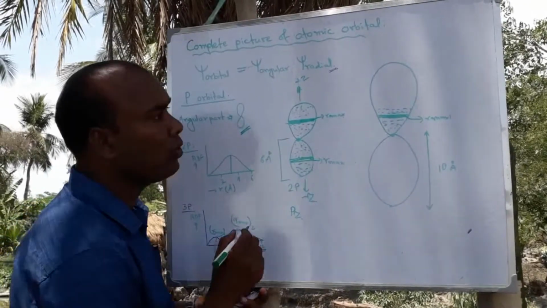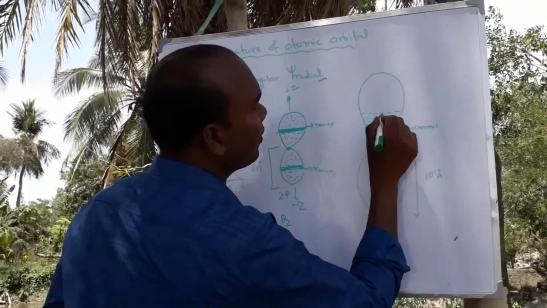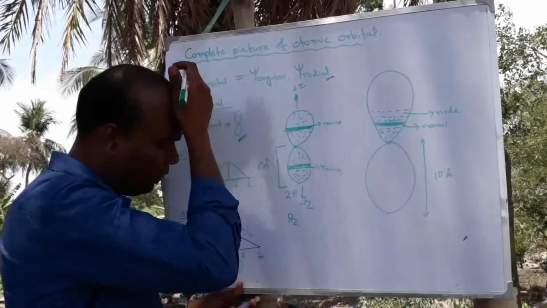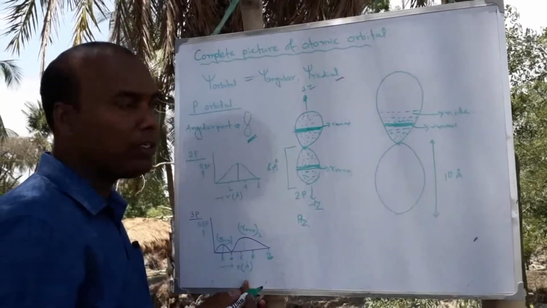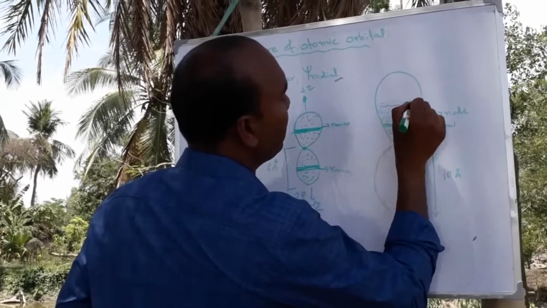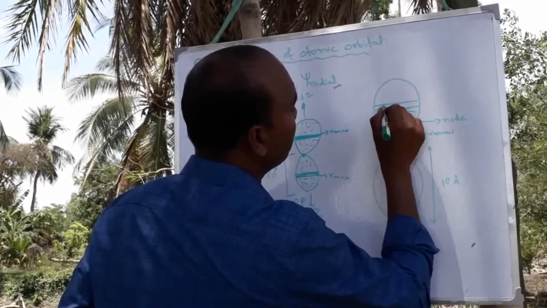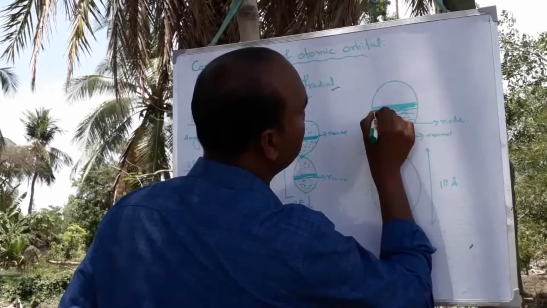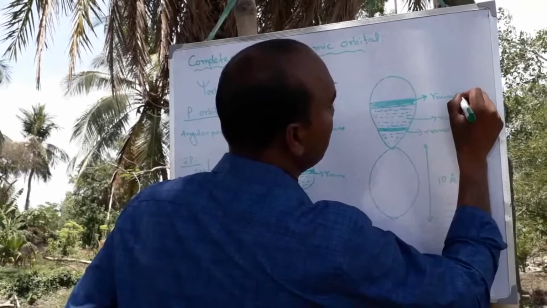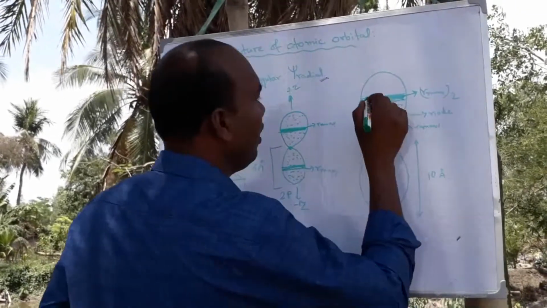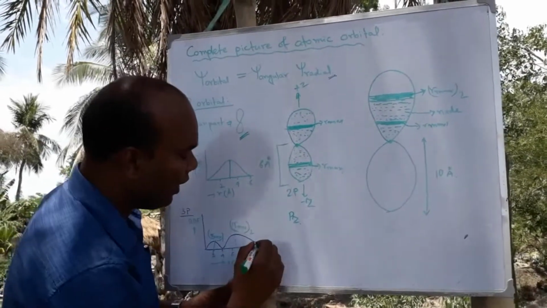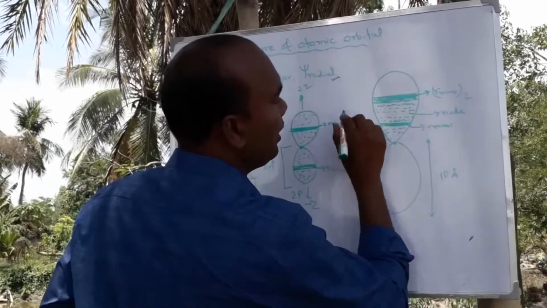This is your node. So there will be a gap. This is the gap, this is the node. Again after the node, with increasing radial distance the electron cloud density will increase. That is, this will be like this, and then finally Rmax 2 will come. This is your Rmax 2, and after that point the electron cloud density will decrease and finally it goes to 0.